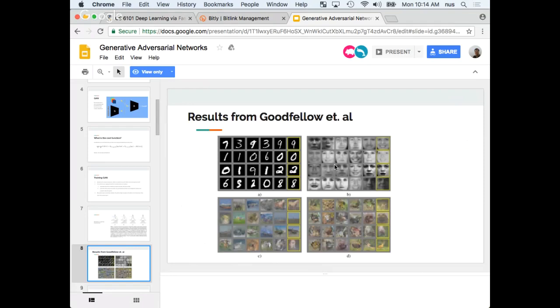From the initial Goodfellow paper, these are a few of the results. So what this means is the yellow boxes here are the closest images to the generated images on the left.